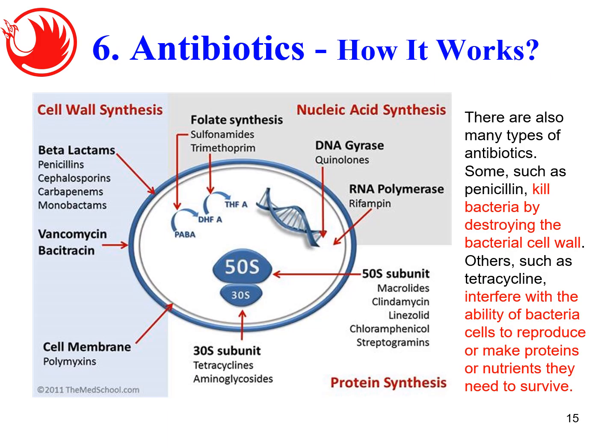So how does it work? When your cells get a bacterial infection, antibiotics work in many areas. For example, they can kill bacteria by destroying the bacterial cell wall, or sometimes they interfere with the ability of bacterial cells to reproduce or make the protein or nutrients they need to survive. So different types of antibiotics work differently in the body.